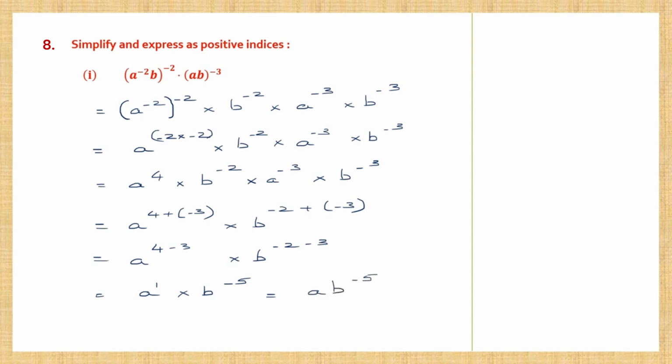Our question says write as positive indices, so our power has to become positive. So a is written as it is. To make the power positive, we write the reciprocal. So b by 1 becomes 1 by b, or we put b down and write the positive power. So a by b to the power of 5. So this will be our final answer, and this has a positive power.